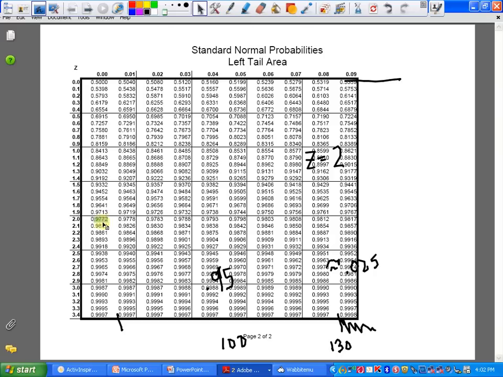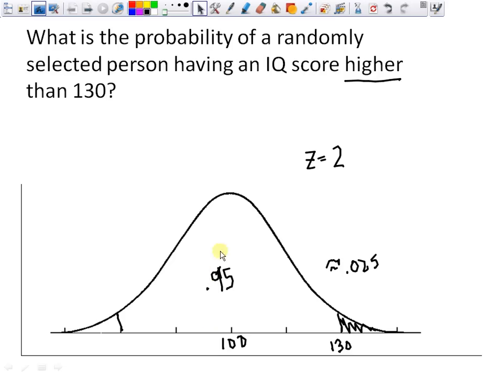So that means basically 97% of people have an IQ score less than 130. So if we go back to our curve, this says that everything less than this score is 0.9772. If we're trying to get the probability of being greater than that, we can subtract it from 1, since we know the curve adds up to 1.